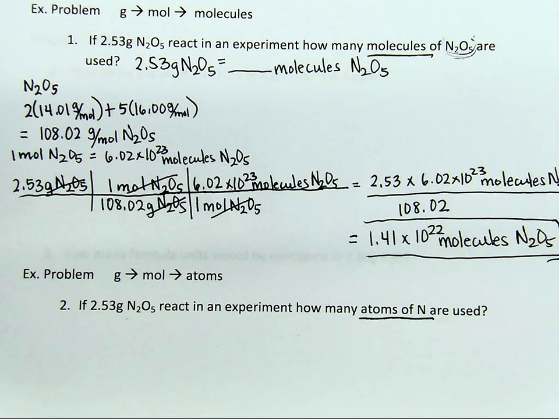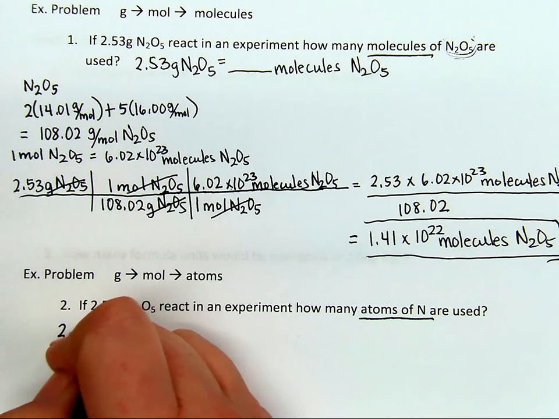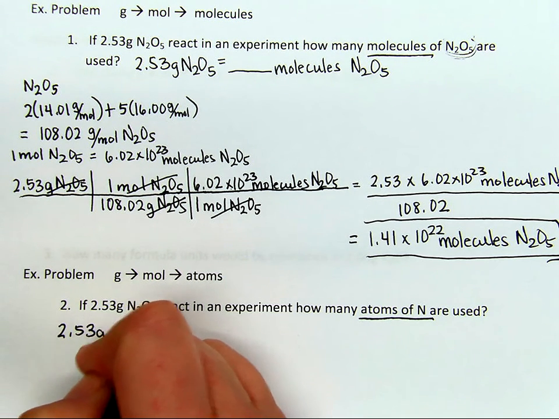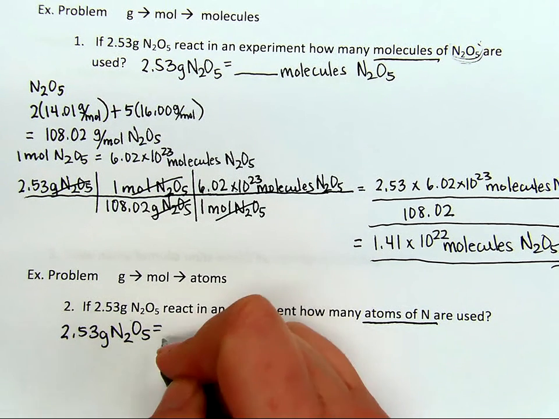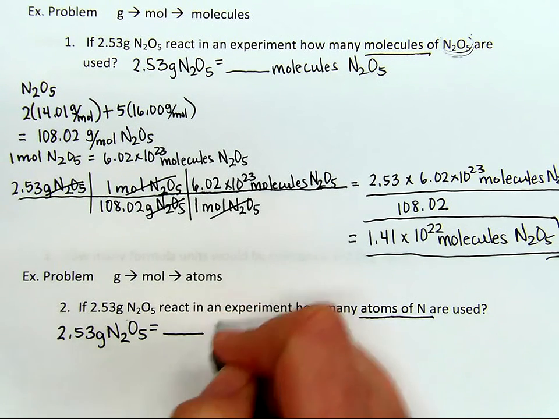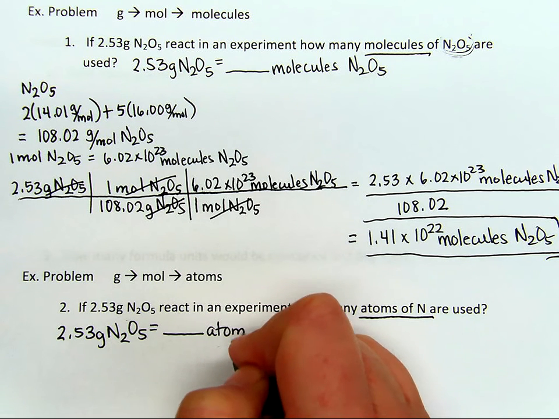Now I'm going to show you two ways to do this problem, because maybe this problem is a standalone problem. So how would you do this problem if you were just given this? So here we go. The same thing is going to apply. We're going to write 2.53 grams of N2O5. That's what we've been given. And we're looking for atoms of nitrogen.